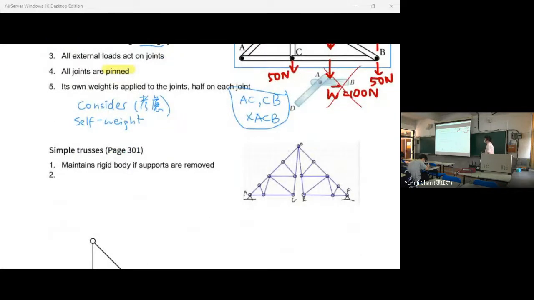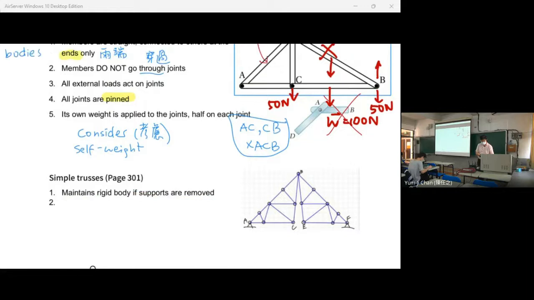Now, before we end today's lecture, sometimes you will come across a term called simple trusses. For simple trusses, it means that it is a rigid body if supports are removed.